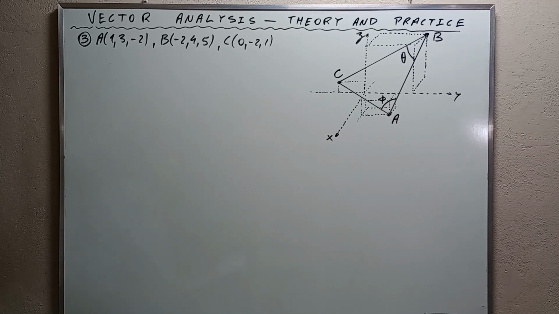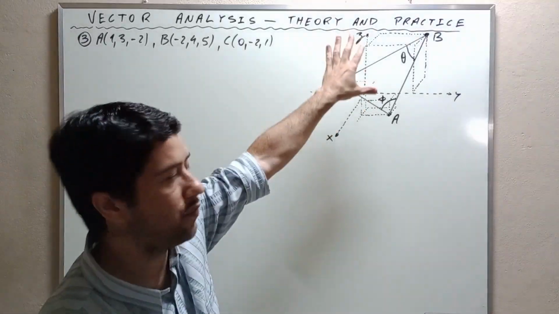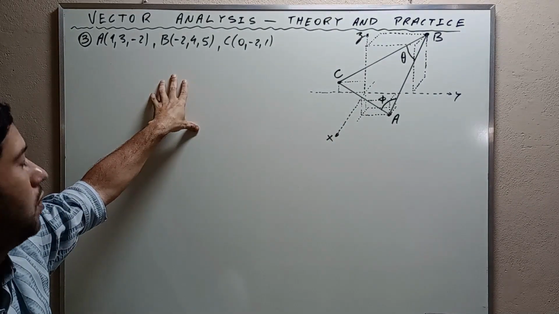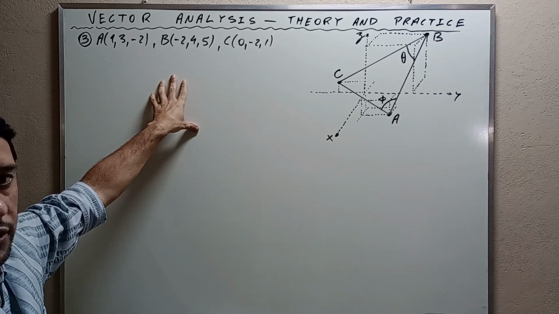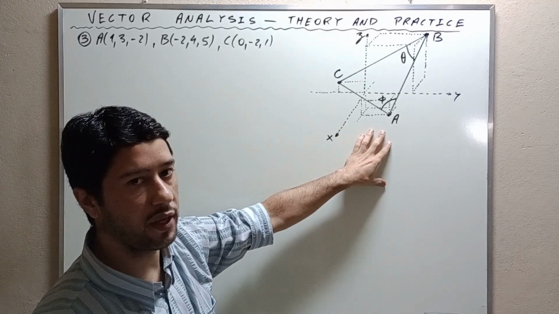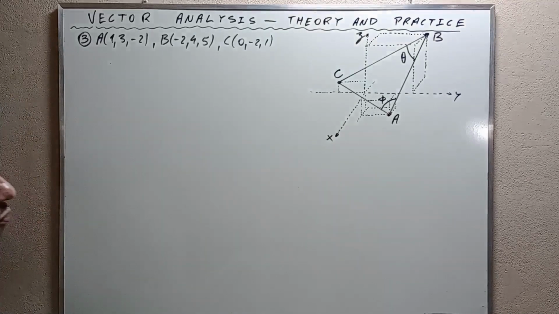Firstly, you're gonna plot the triangle to have a visual understanding of the problem. This is what I did here. Okay? The problem didn't give the triangle. The problem simply gave the points. But for a better understanding of the problem, I decided to plot the triangle so we can see what we're doing.